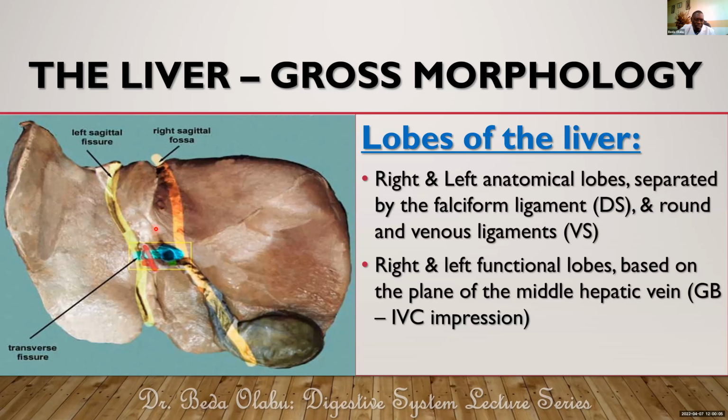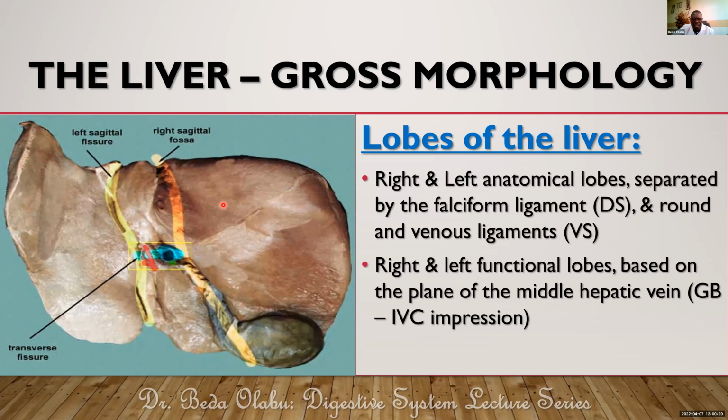So anatomically, this is the plane of separation of the left anatomical lobe and the right anatomical lobe. Physiologically, this is the plane of separation of the left physiological lobe and the right physiological lobe.